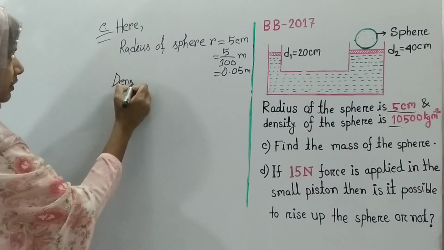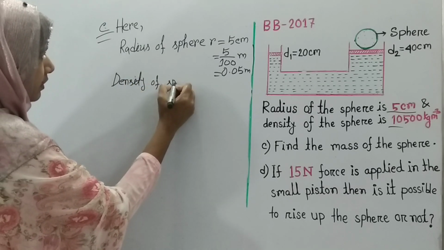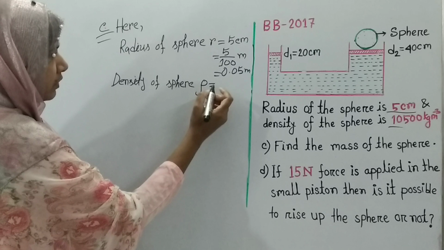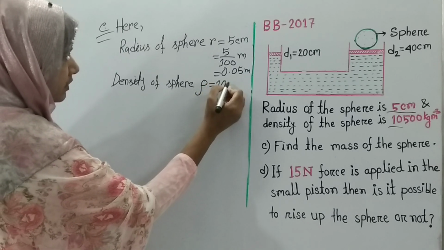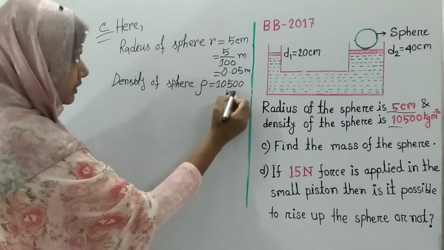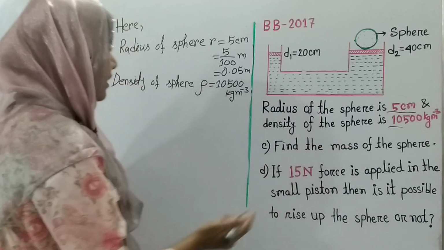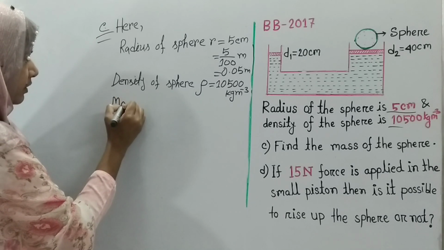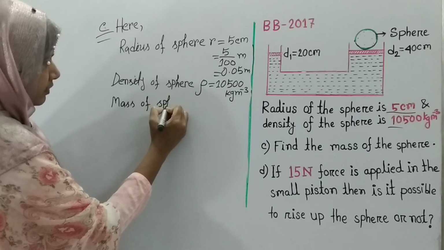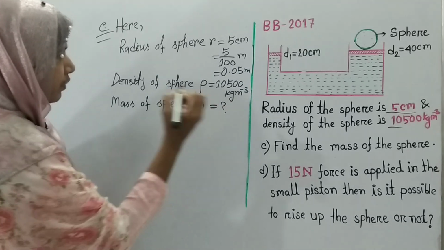Now the density of a sphere is rho equals to 10500 kg per meter cube. And we have to identify the mass of the sphere, m equals to what?